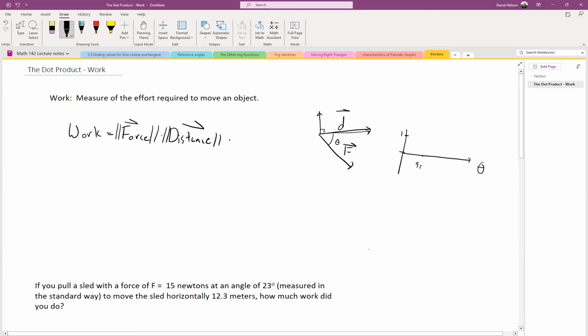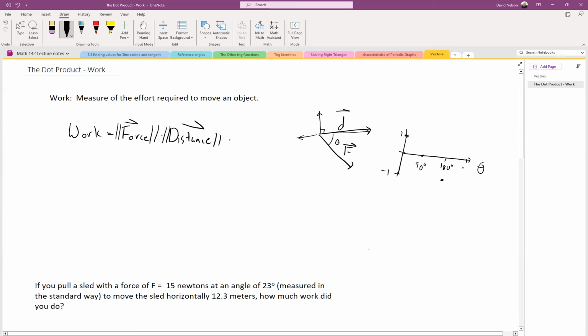So at 0 degrees is best, at 90 degrees is not so good. If you're pulling at 180 degrees from where you want to go, well, that's kind of the worst. That's sort of negative. You want to move something one direction, but you're pushing in the completely opposite direction.